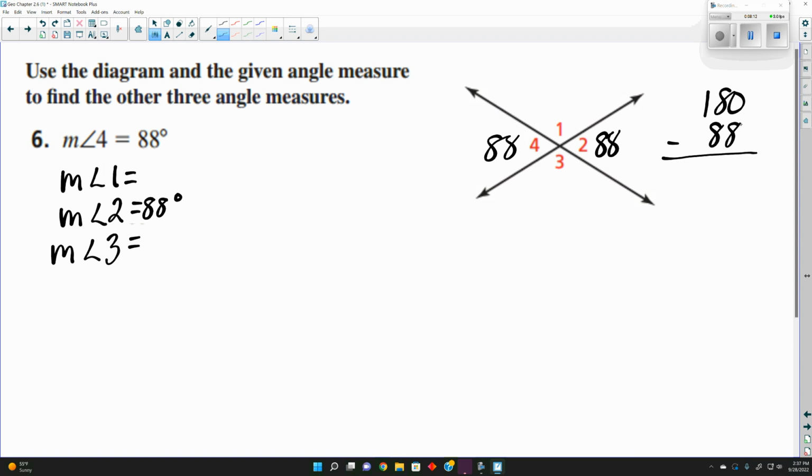We subtract 88 from 180 to find 3 or 1. 180 minus 88 is 92. So the other two angles are 92 degrees. Questions on this here?